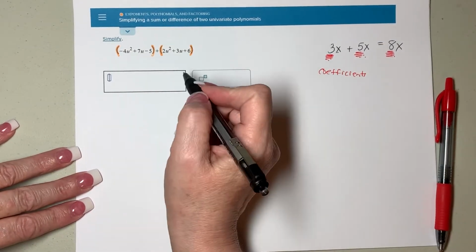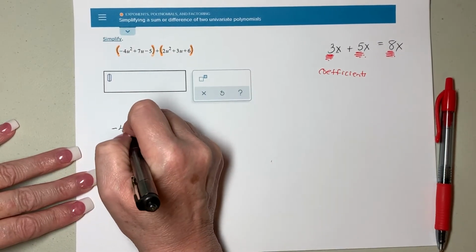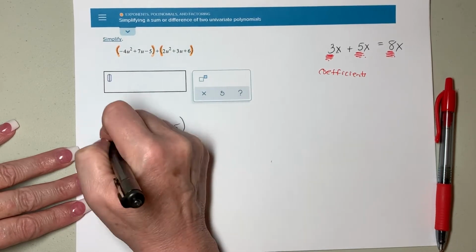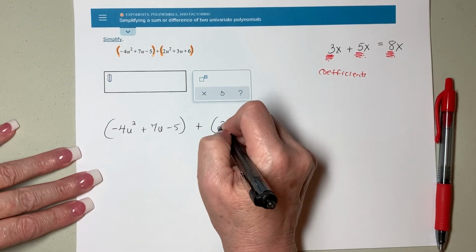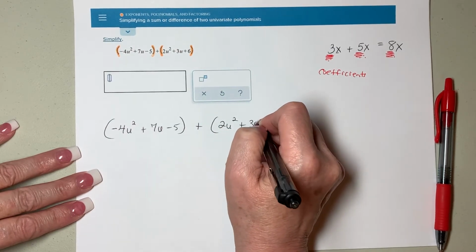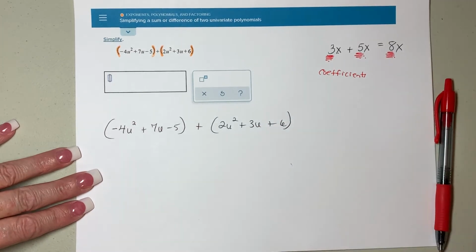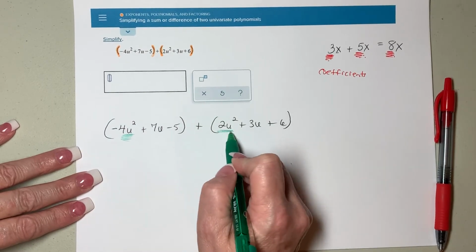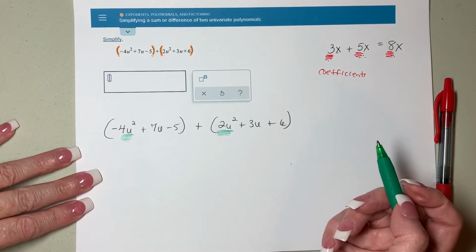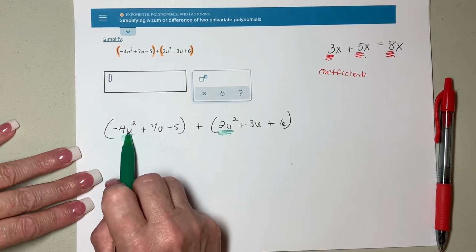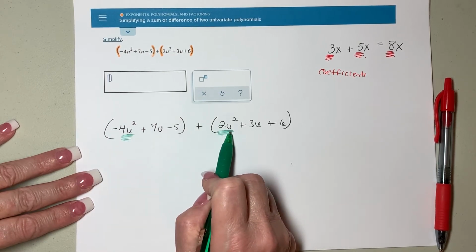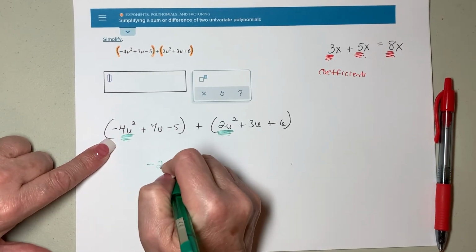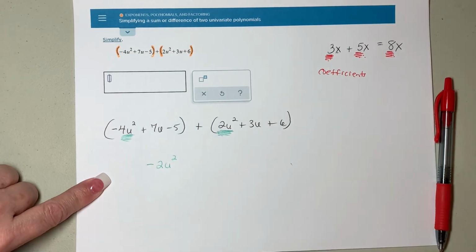Now, in this problem up here, I've got negative 4u squared plus 7u minus 5 plus, and over here, a 2u squared plus 3u plus 6. All you're going to do is combine the u squareds together because they're considered like terms. They look identical. I got negative 4 u squareds and I got 2 u squareds. So if you have negative 4 and a positive 2, that actually adds up to a negative 2 u squareds.